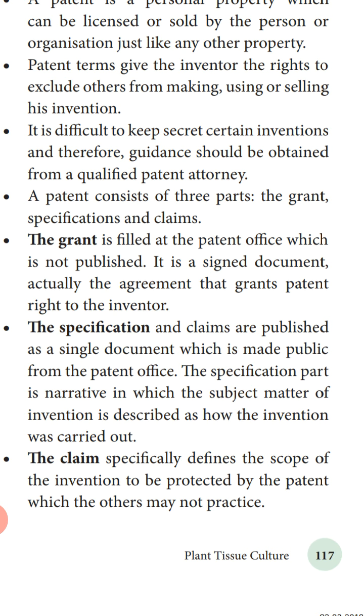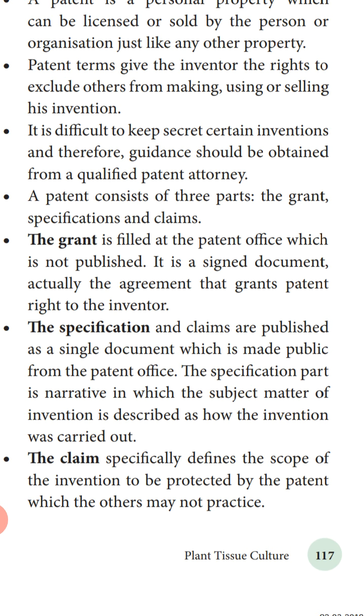So the patent consists of three parts: the grant, specification, and claims. Grant is a signed document made in the patent office, and this document is not made public. It's an agreement done in the patent office with the inventor. Next is the specification and the claim.